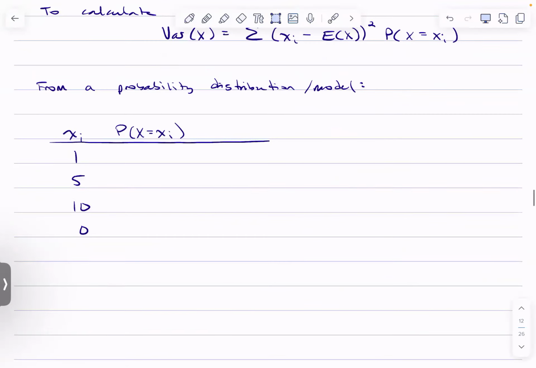So you'll be given that. First thing you need to find is the expected value of x, which we know from practice looks like what? So kind of the first thing you need to do is find E of x.